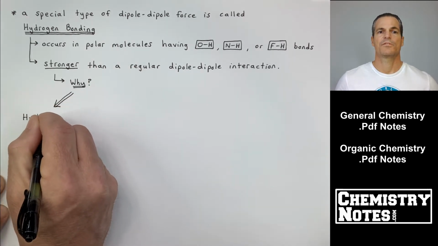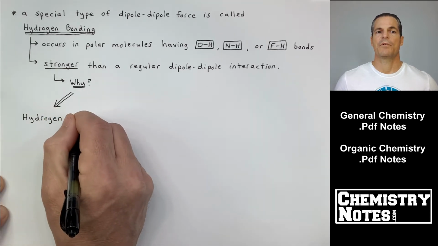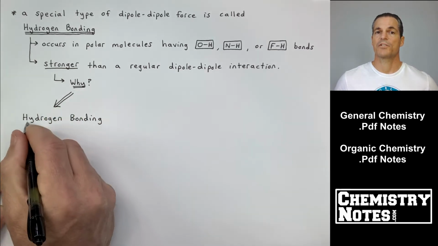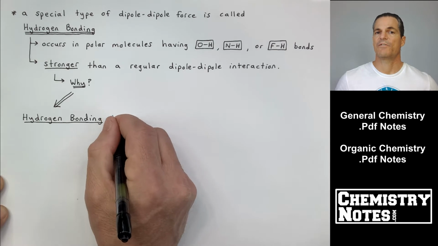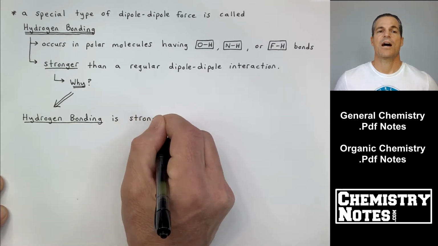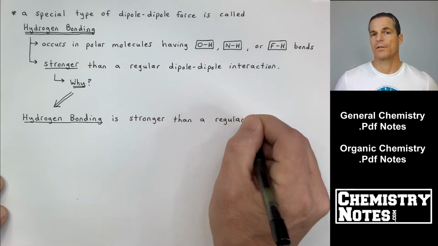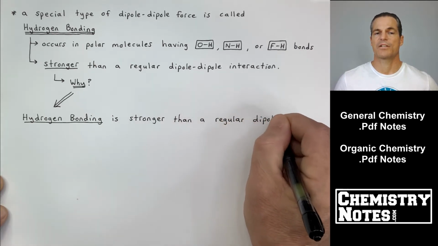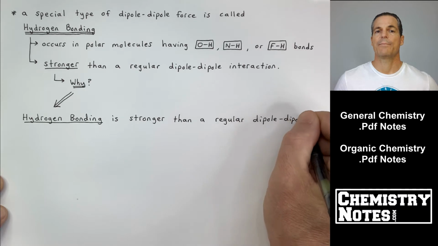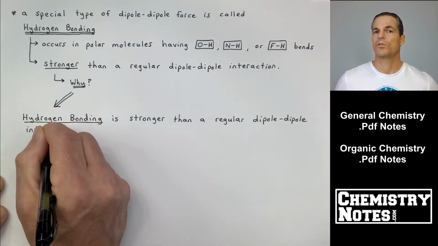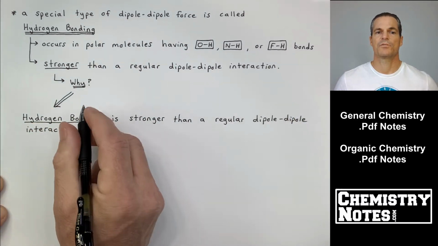If someone asks the question why, we would say that hydrogen bonding is stronger than a regular dipole-dipole force for 2 reasons, and we're going to list those reasons here.